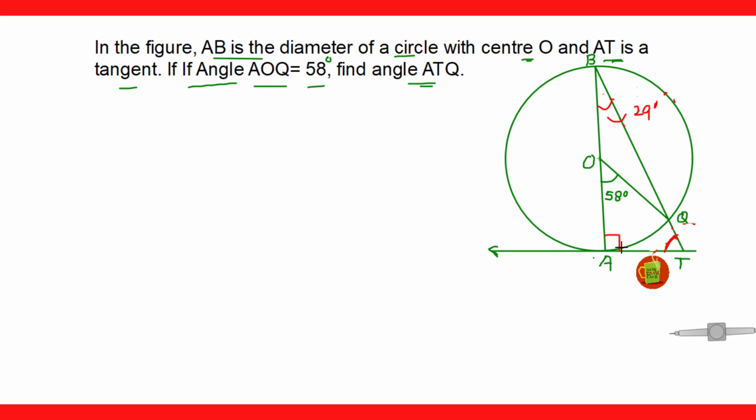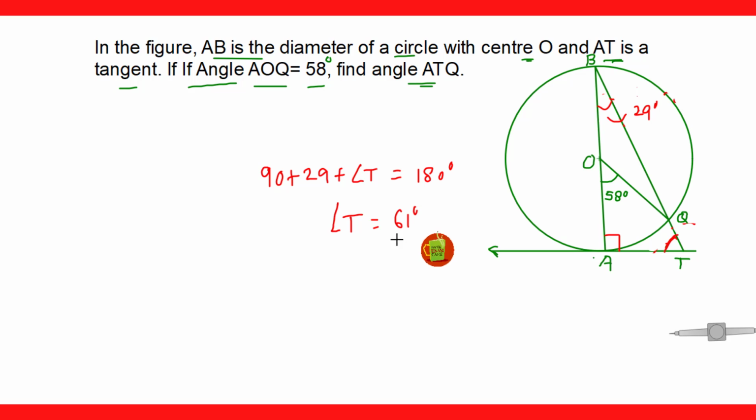So 90 degrees plus this 29 degrees plus angle T is equal to 180 degrees. So 90 plus 29 is 119. If you take it to this side, it will be minus 119. So angle T is equal to 180 minus 119, which is 61 degrees, and therefore this angle is equal to 61 degrees.